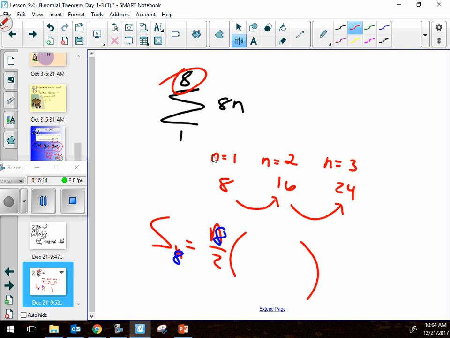Then, inside here, we take the first one plus the last one, which is a plus d times n minus 1. And then I'm going to stick in the numbers that I know. 8 is the first number. All right, so you stick in 8 for the a, and then the d here is we're adding 8 each time, so that's why that's an 8.